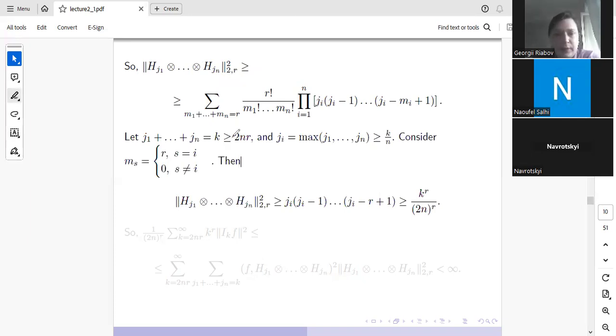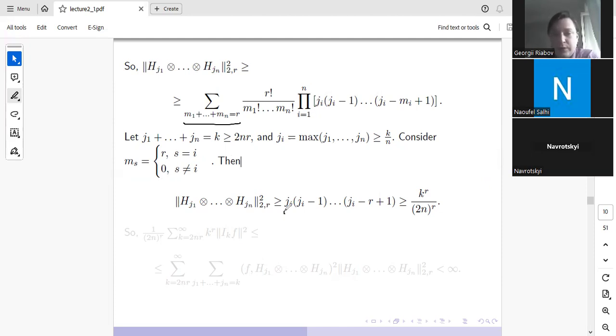consider k large enough. I mean, let k be greater than 2nr. And assume that the sum j1 plus ... plus jn is equal to k. Then the maximal summand is at least k over n. And consider indices where in the i-th position we have r and other positions are 0.